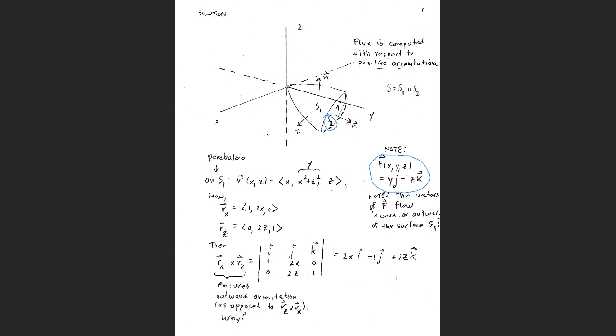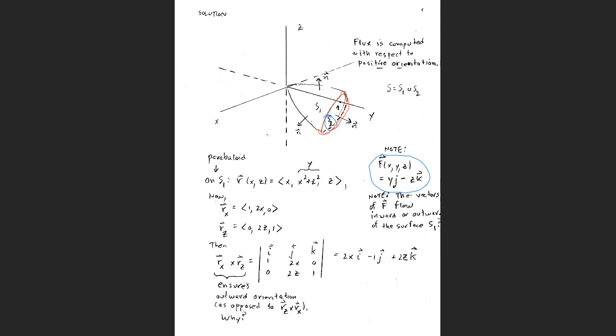Do you think the flux across this disk, this second surface, S sub 2, do you think the net rate of flow would be positive or negative? Would the flux be positive or negative? It's going to be positive.